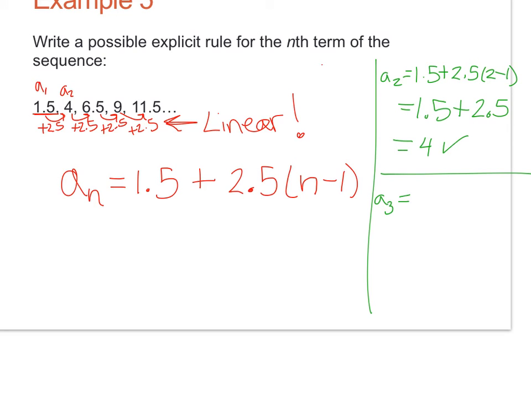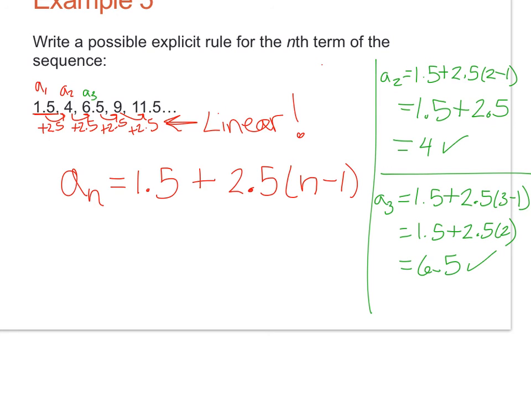Plugging in a sub 3, that's 1.5 plus 2.5 times 3 minus 1, which is 1.5 plus 2.5 times 2, which gets us 6.5, which works. And you can go through and check it for each one as well, and confirm that this is indeed our formula.